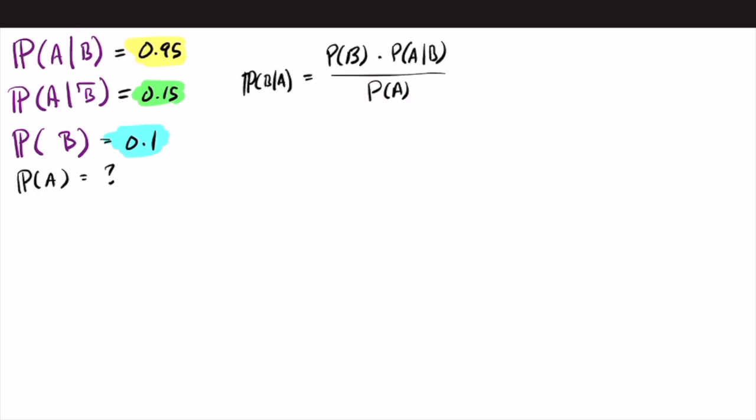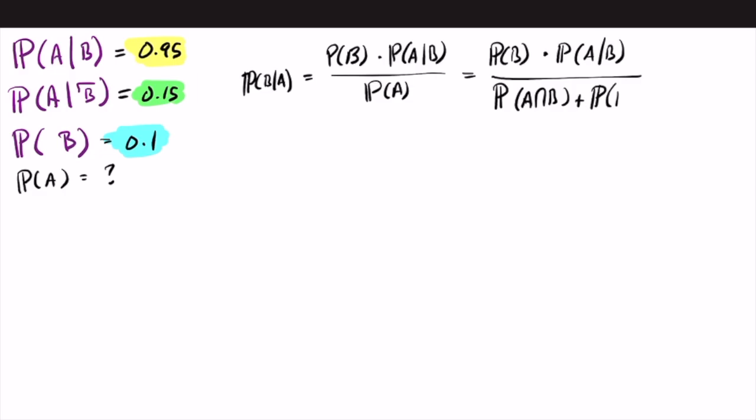So this is still the probability of B times the probability of A given B over, this now becomes the probability of A intersect B plus the probability of A intersect the complement of B, right? Because the probability of A is going to be split over B plus its complement.